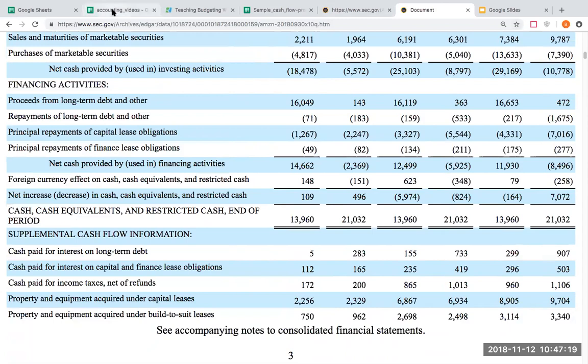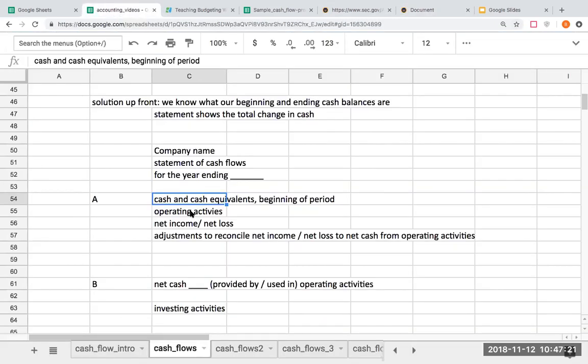So we start with our cash at the beginning of the period. We have our operating activities. We take our net income or our net loss, and look at adjustments to reconcile net income, net loss to get to our net cash from operating activities. We'll talk about this a little bit later.